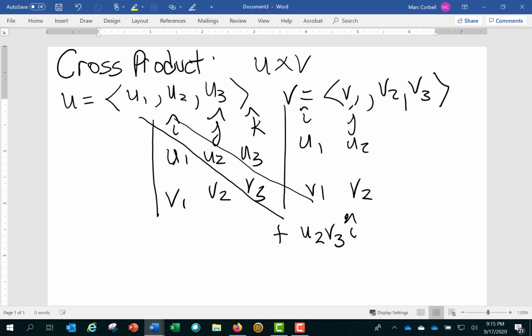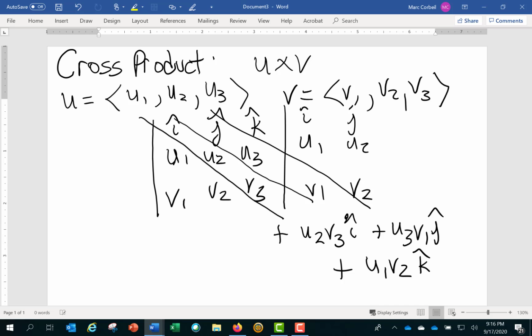The next one, we add U3, V1, and that'll be a J vector. And then the third one on that side, U1, V2, the K vector. Anything going the other diagonal, we'll just do as we see them, and we subtract them. The first one, again in order of U, is U2, V1.